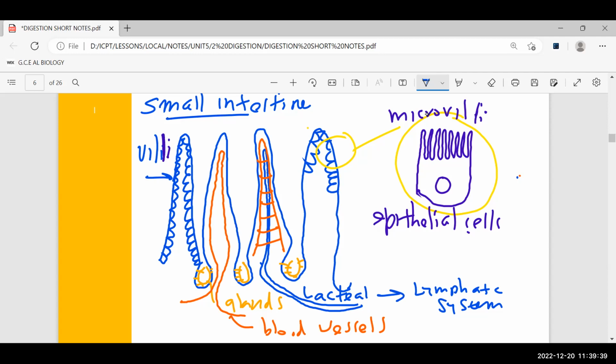They also produce chemicals, enzymes, but then the liver and pancreas also provide support for the digestion. So we look again.